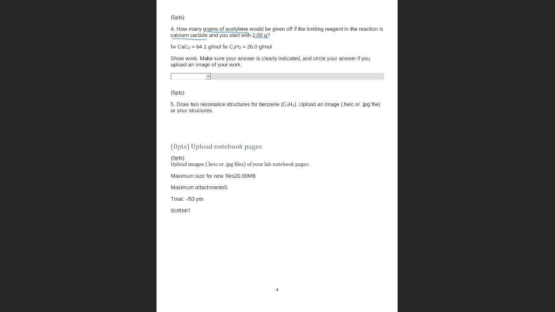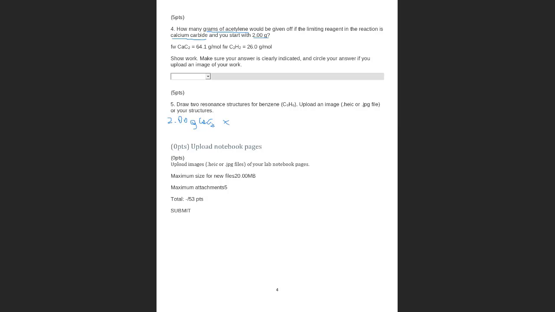So all you have to do is you start basically with 2 grams of calcium carbide. But you know, in a chemical reaction, you always have to convert into moles.